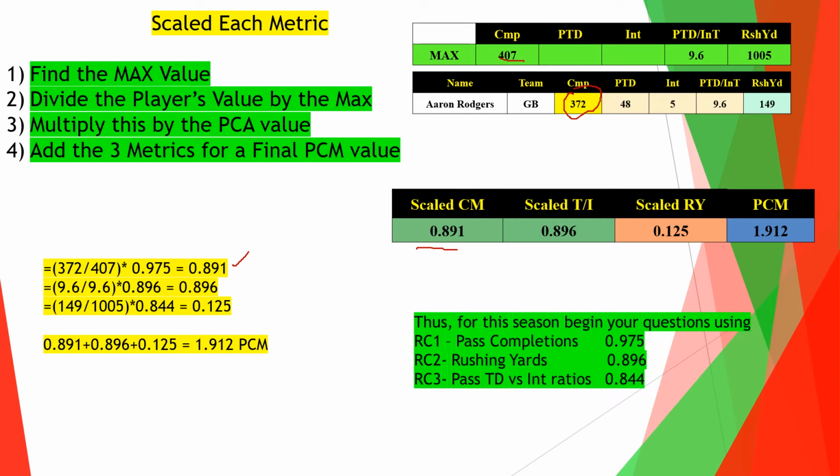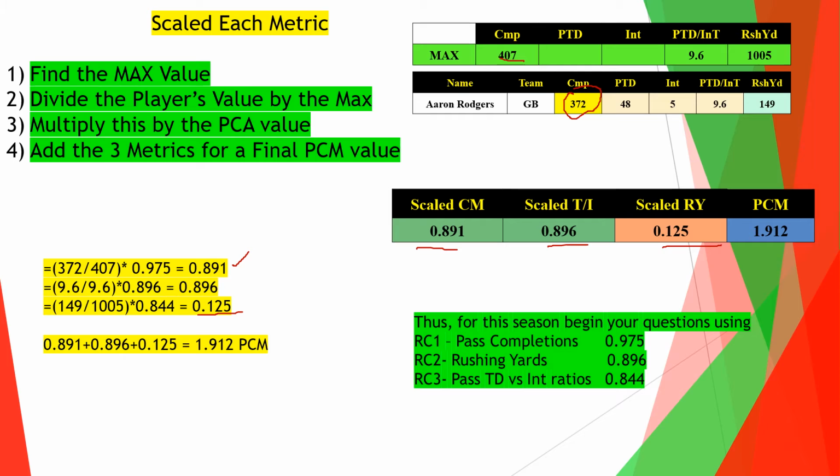Here is TD and interception, 9.6 divided by 9.6 times the factor, 89.6. And here's Aaron Rodgers there. And then 149 divided by 1,005 times 0.844 is 0.125.